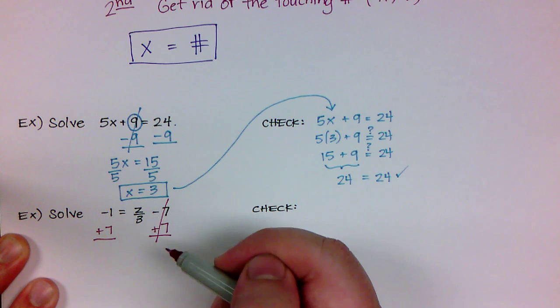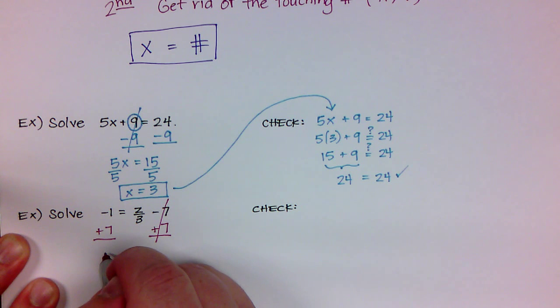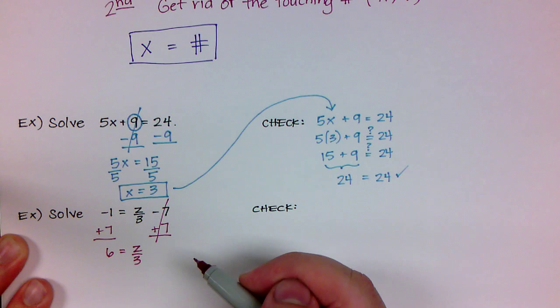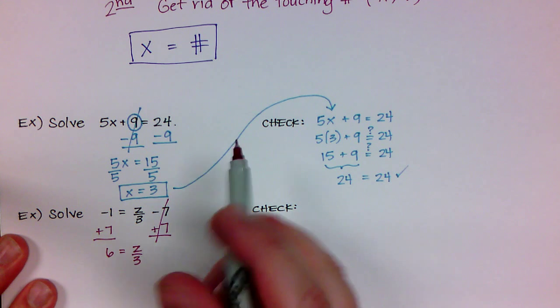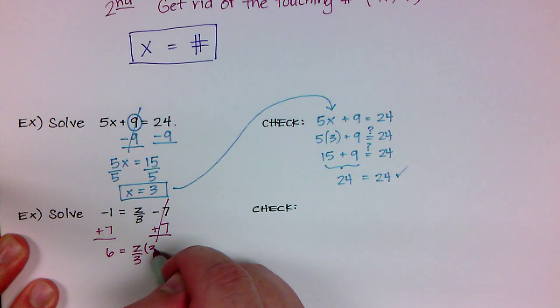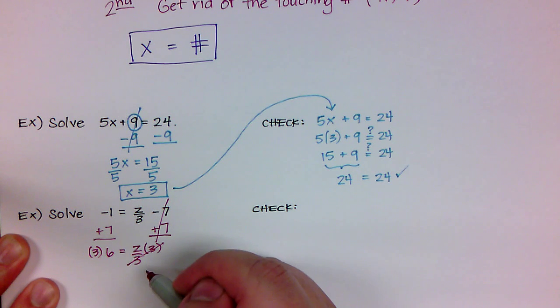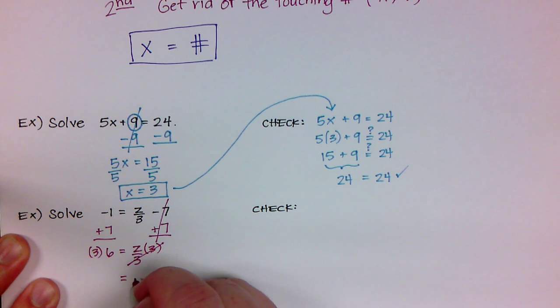The 7's cancel each other out. And on the left-hand side, now I have -1 plus 7, which is 6, is equal to z divided by 3. Now I can do my second step. And my second step is going to be multiplying both sides by 3 so I can get z by itself. So in the end, I have that z is equal to 18.